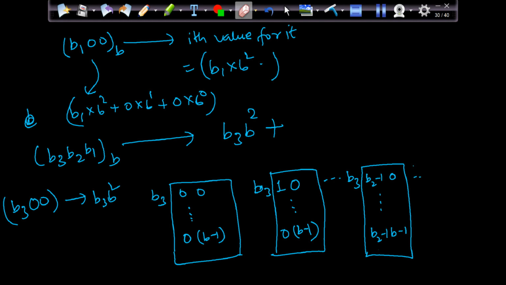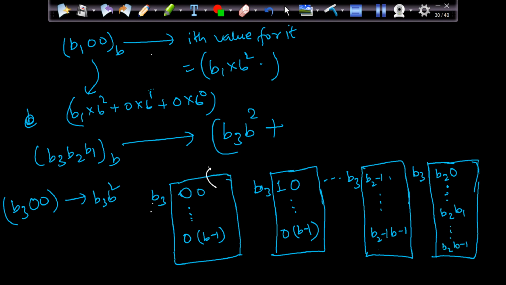And the next will be b3 b2 0, and so on, up to b2 b minus 1. This is b, this is b, this is b. When you are at b2 b1 minus 1, this is b1.